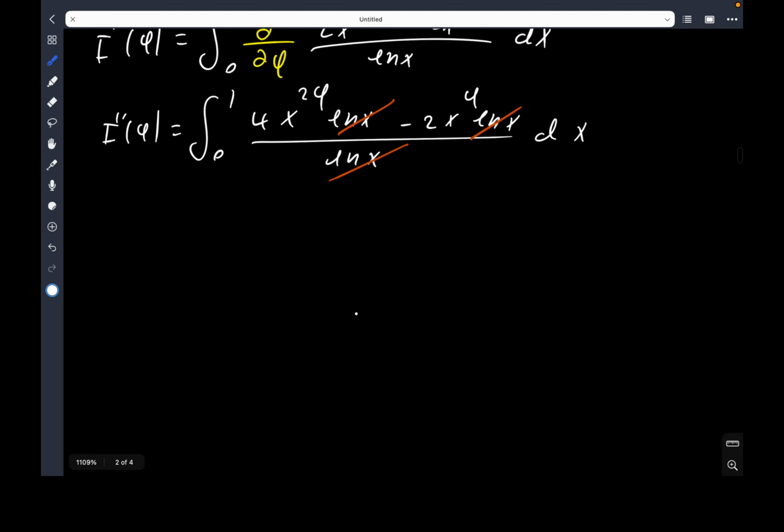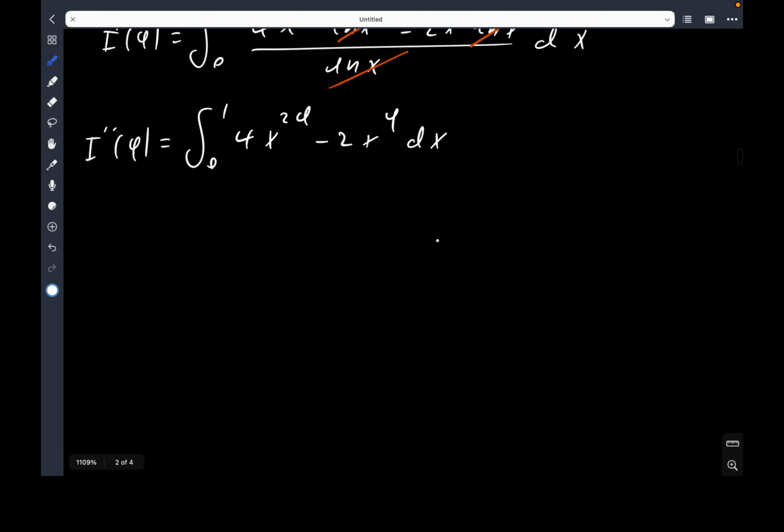Our integral becomes very solvable. I double prime of phi is the integral from 0 to 1 of 4x to the 2 phi minus 2x to the phi dx. Right now phi is a constant.